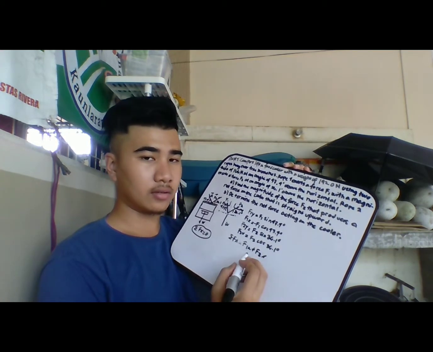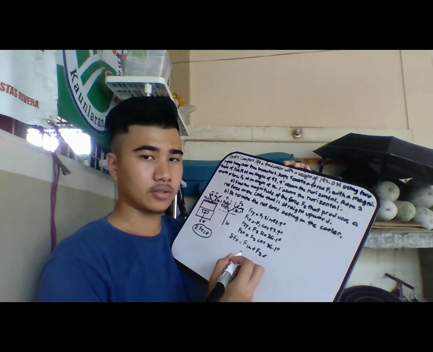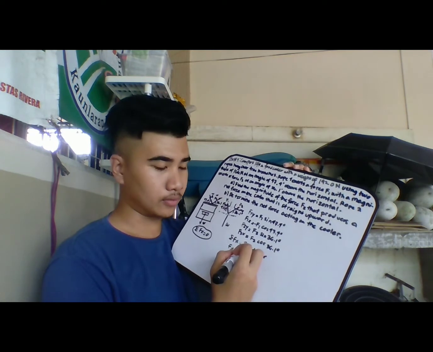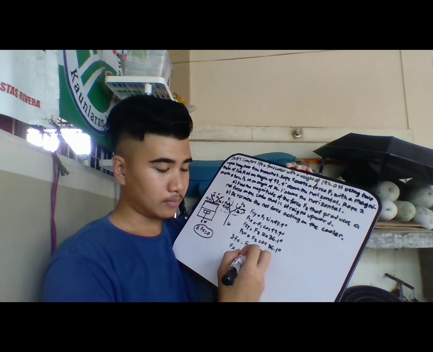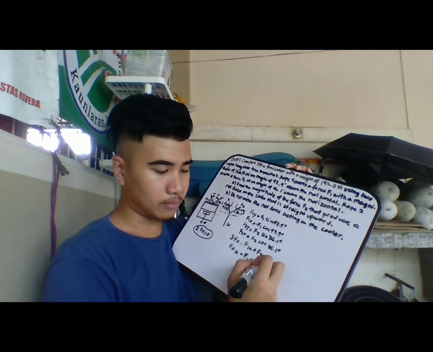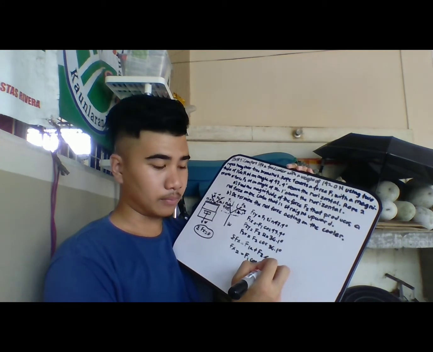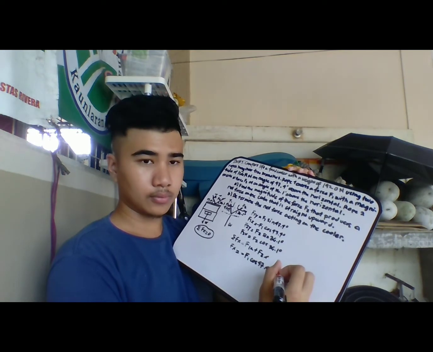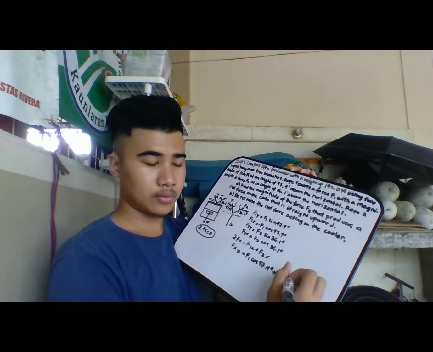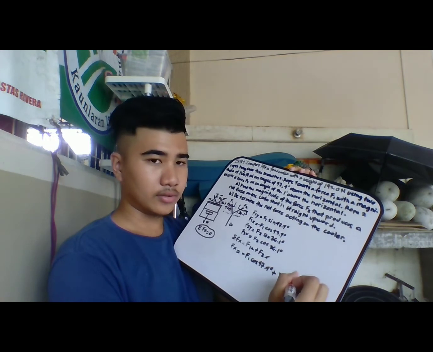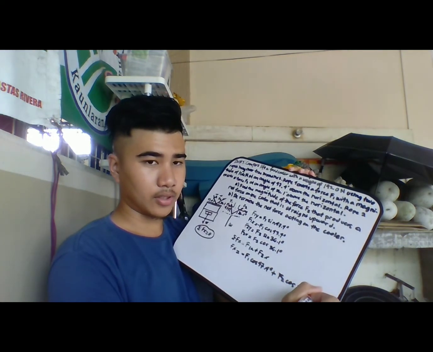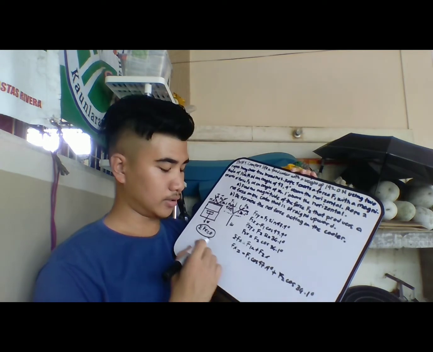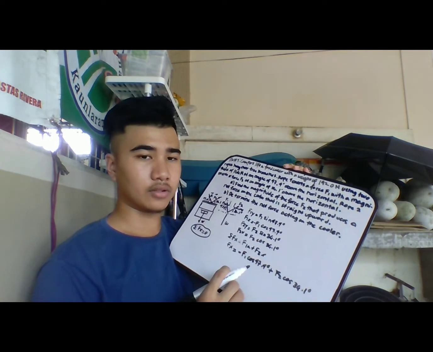Again, we add F1x to F2x. So Fx is equal to negative F1 cosine 47.4 degrees plus F2 cosine 36.1 degrees. Since the summation of Fx is 0, we can move this to the other side.